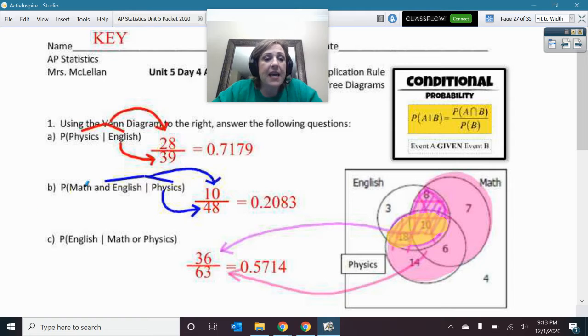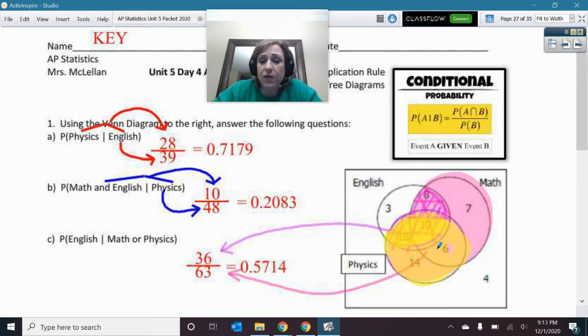Okay, next. This says probability of math and English, given that you're in the physics circle. So that's out of the total physics circle. I had to get this total physics circle here.